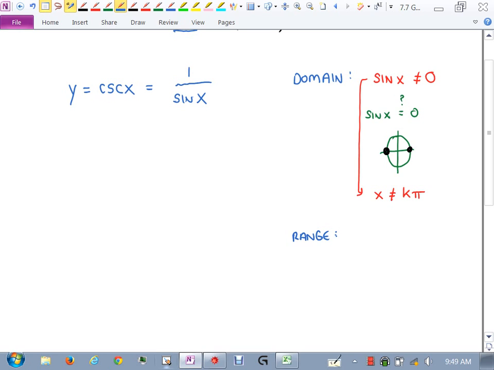So now we're looking at the reciprocal of that. And it's a little more difficult to understand what's happening. So I'm just going to tell you what it is, and then we'll try and get our head around it once we start graphing it. The range of this is negative infinity to -1 union 1 to positive infinity.